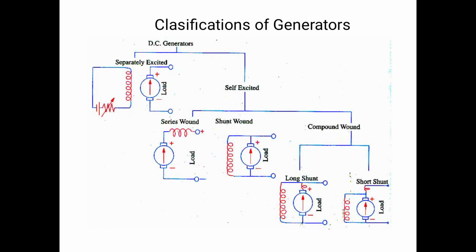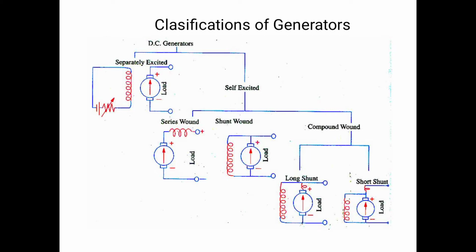Next, these are the circuit diagrams of different types of generators. First, DC generators are divided into two types: separately excited and self-excited. We know that in a separately excited DC generator, the field winding is excited by a separate DC source. This is the armature winding symbol. The DC generator mainly has two windings: the armature winding and the field winding.